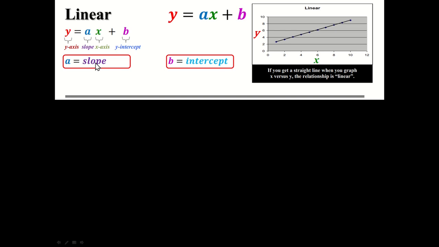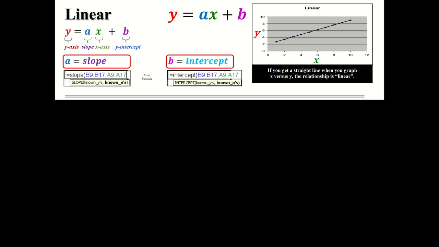Okay, so a is going to equal the slope, and b is the y-intercept. That's it. We can use these functions in a spreadsheet, and let the spreadsheet calculate what the intercept is for me. I'm not going to go into that now, but I will go into that when we do an Excel sheets practice.